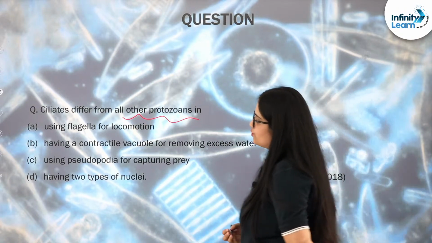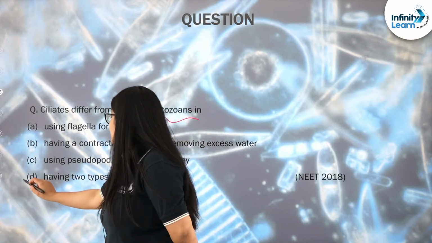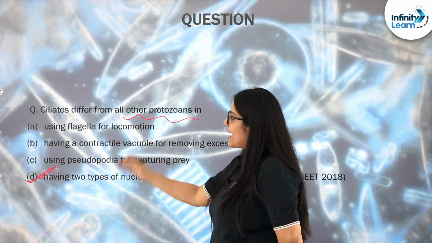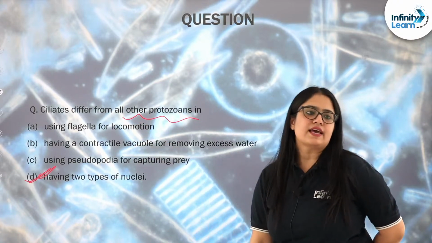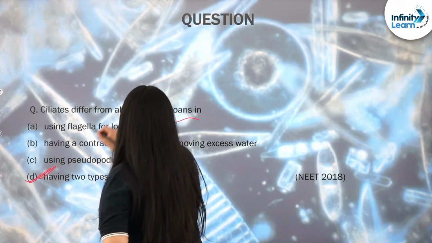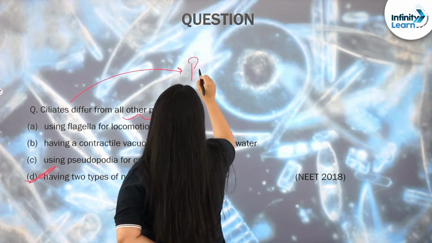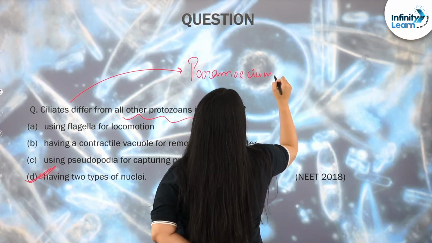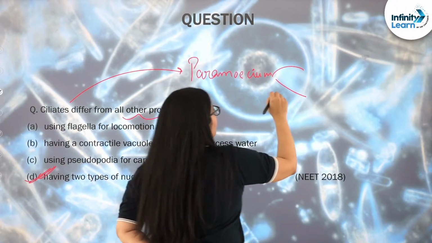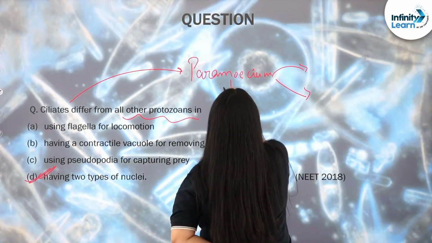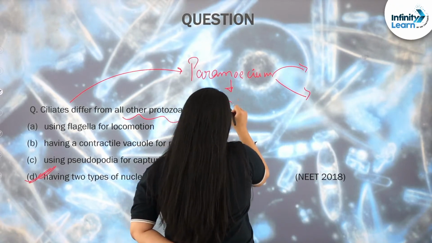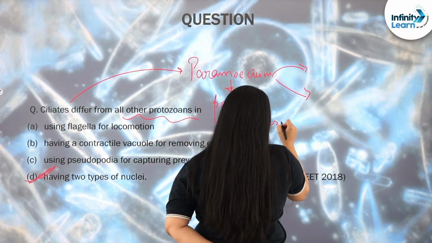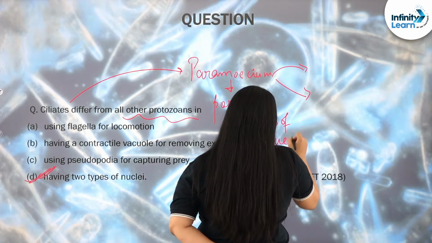So, let me tell you students, the correct answer is having two types of nuclei is the specific character of the ciliates. Ciliates, any example? Paramecium. So, ciliate example is paramecium. And paramecium possesses two types of nuclei.